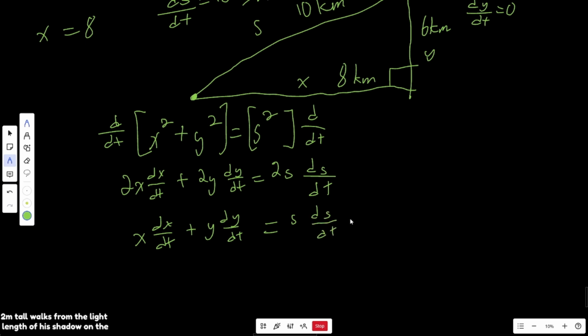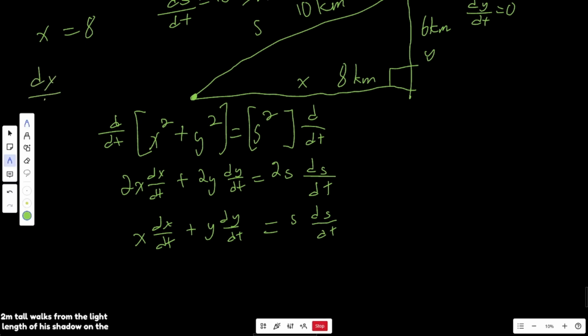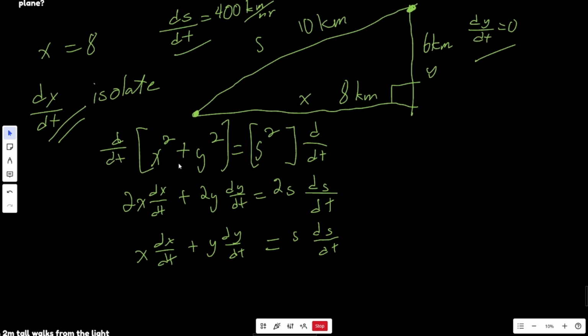From here, we have to identify what we're looking for. We're looking for horizontal speed, the change in x, which is dx over dt. So that is what we need to isolate. We also know the values of dy dt and ds dt, so now we're just going to plug in our values.